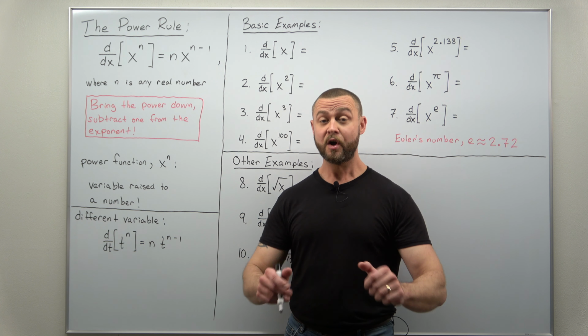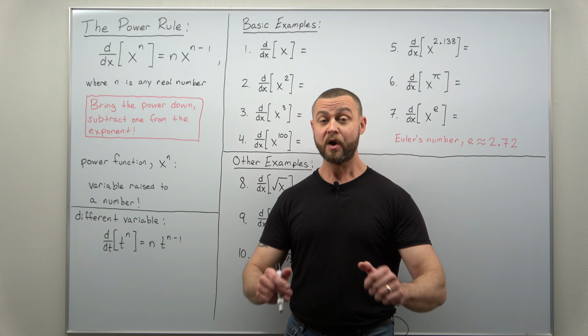Now these are all basic examples. Let's go to some more peculiar powers, which still apply, because your power rule will work if the power n is any real number. Typically, you'll be applying the power rule to nice powers that are positive integers, but you don't have to.